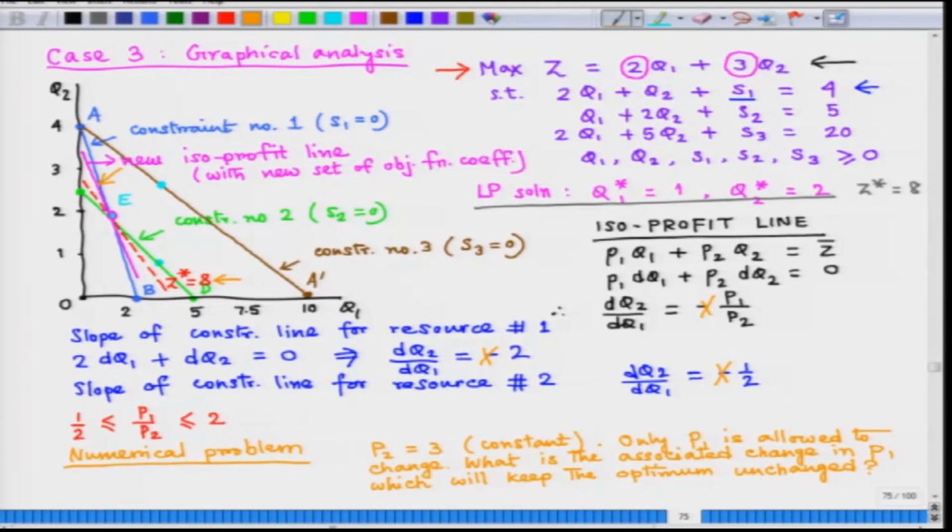Okay. So, how to approach this problem? Easy. We have to first look at that boundary condition.